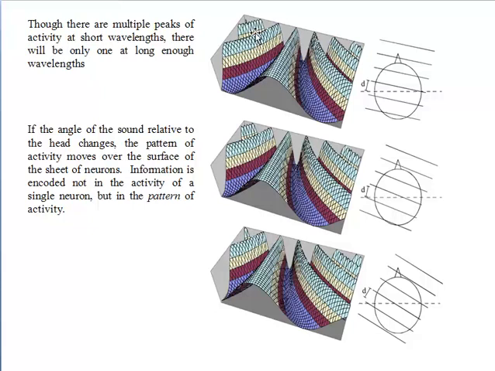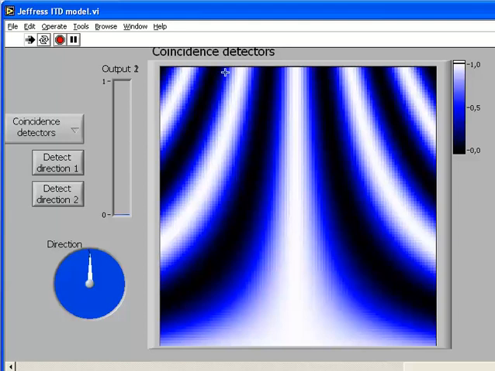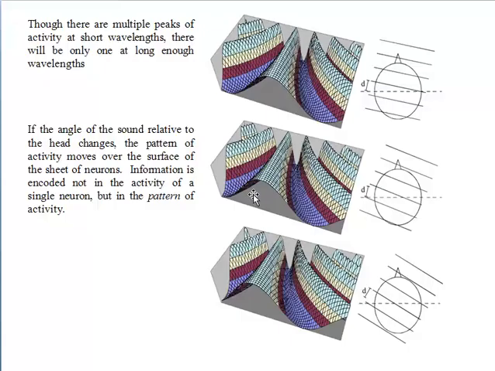Here we have the high frequencies with multiple sharp peaks. That's this bit up here. If the sound moves, that whole pattern moves. So you can see as the sound here turns further and further to the right, this whole pattern here moves further and further to the left. So that's the same thing I've just shown you in the simulation.